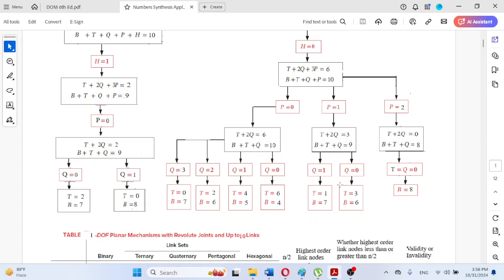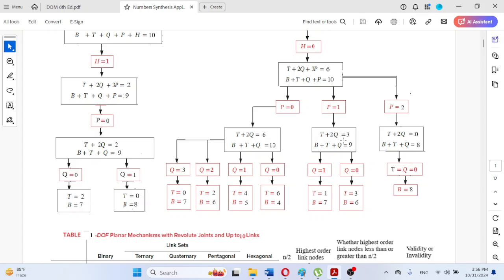So it can adopt only two values, q is equal to 0 and q is equal to 1. As we can observe, q cannot be greater than 1, because for example if q is equal to 2, that means 2 multiplied by 2 will be 4, so t plus 4 is equal to 3.